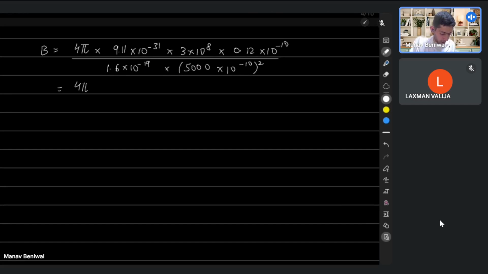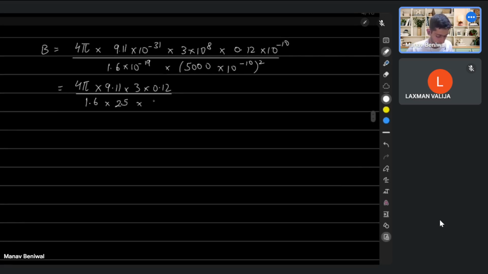This will be just 4π into 9.11 into 3 into 0.12 divided by 1.6 into 5000 squared, which becomes 25, and you can see that here you have 3 zeros, so this is 10 to the minus 7, and if you square it you will get 10 to the minus 14. Let's write all the powers of 10.